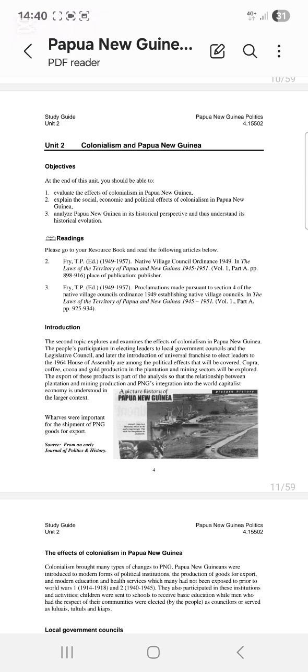Okay, let's try to apply this principle here. We go back to page 4 and see the first objective here. We are going to evaluate, so you skim. If you look at page 2, it talks about effects, so you start here. So how do we evaluate the effects of colonialism in Papua New Guinea? Let's read this paragraph here.